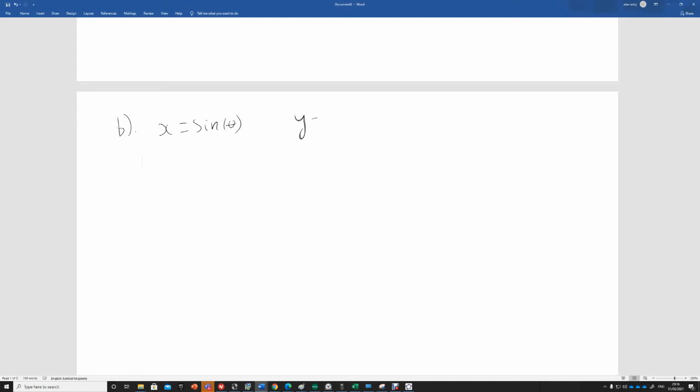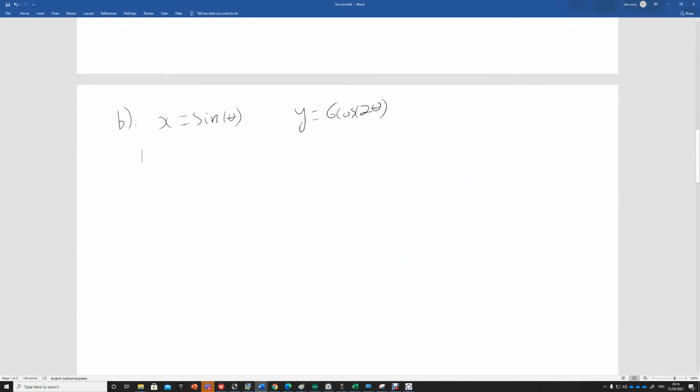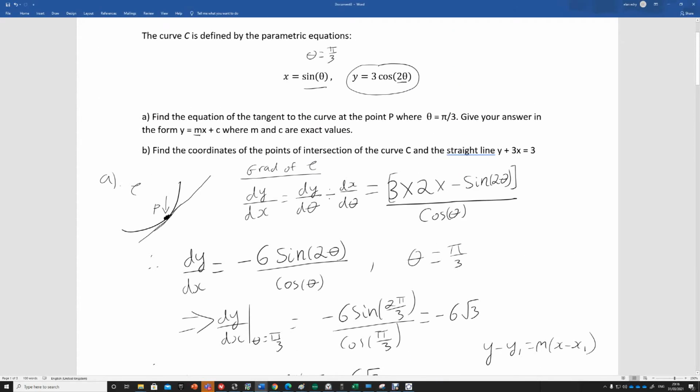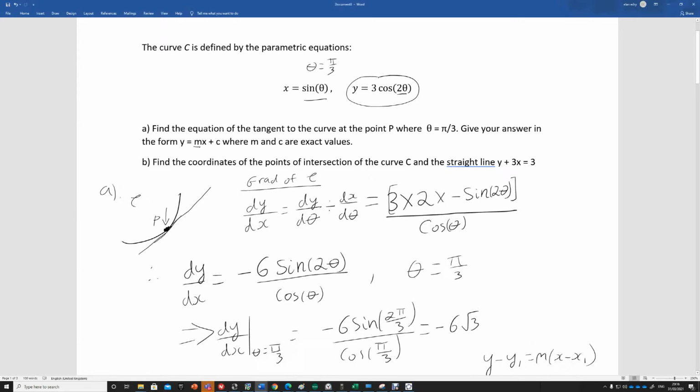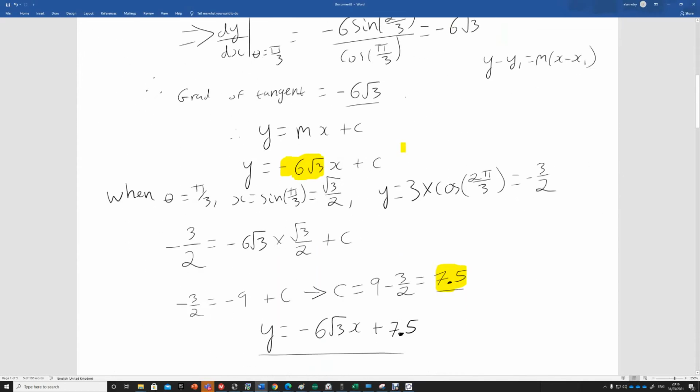We know y is equal to 6 cos of 2 theta. Let's check that wasn't a 3. No, it was 3. Sorry. 3 cos 2 theta. And I want to know where the curve defined by those parametric equations intersects the line y plus 3x is equal to 3.